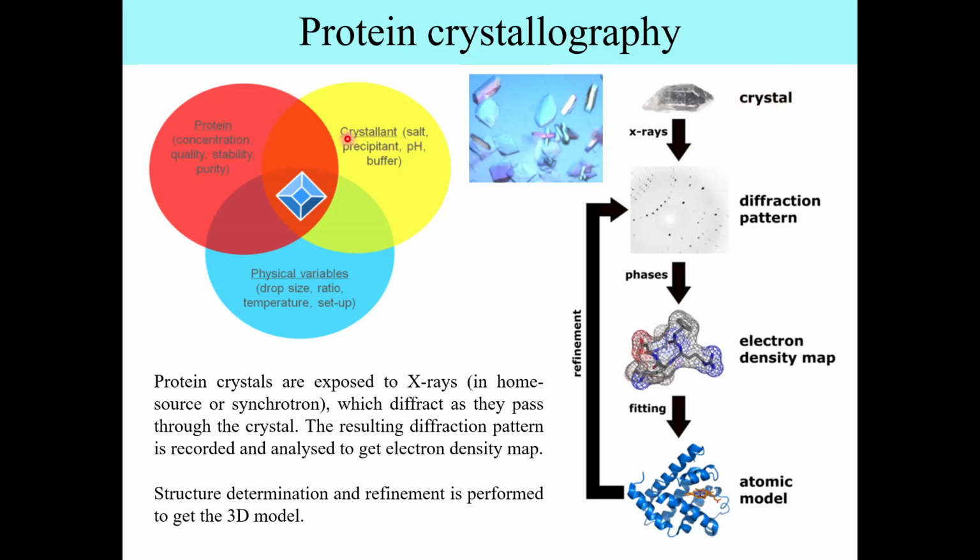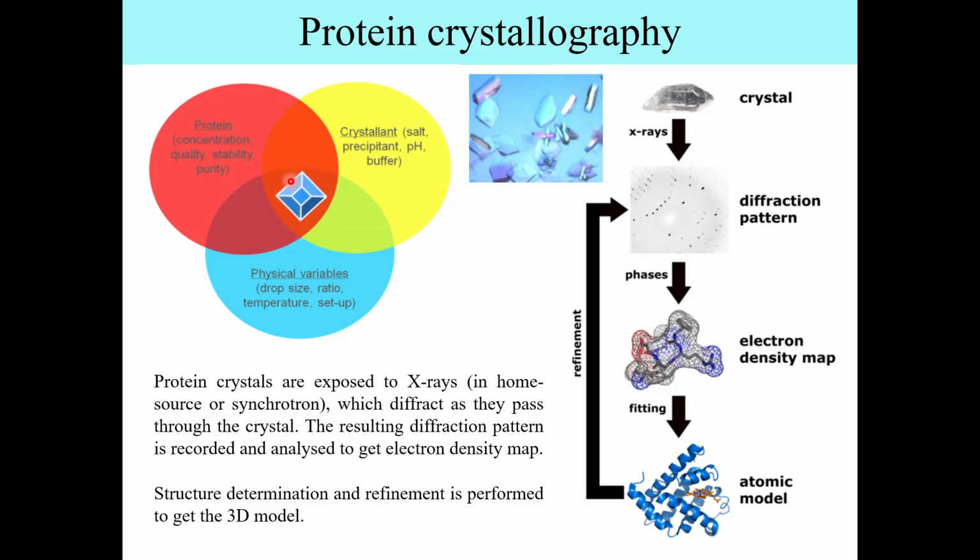The protein needs to be subjected to definite salt, precipitant, pH and buffer conditions. The protein concentration, quality, stability and purity must be appropriate, and then the physical variables such as temperature, setup, ratio, drop size, all of these need to be manipulated, and if all of these are ideal, all of these are perfect, only then you get a crystal.